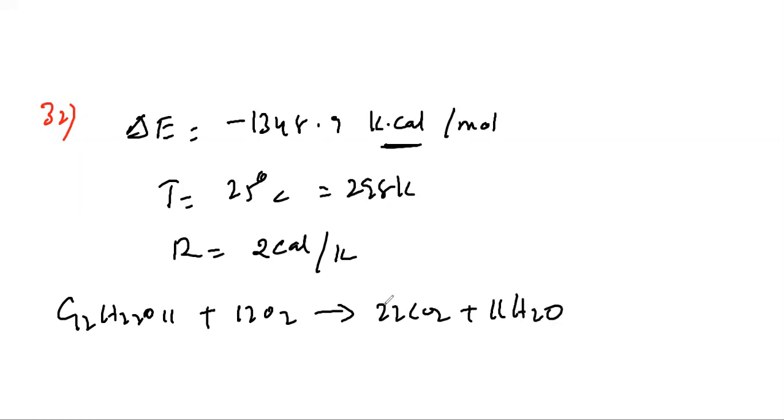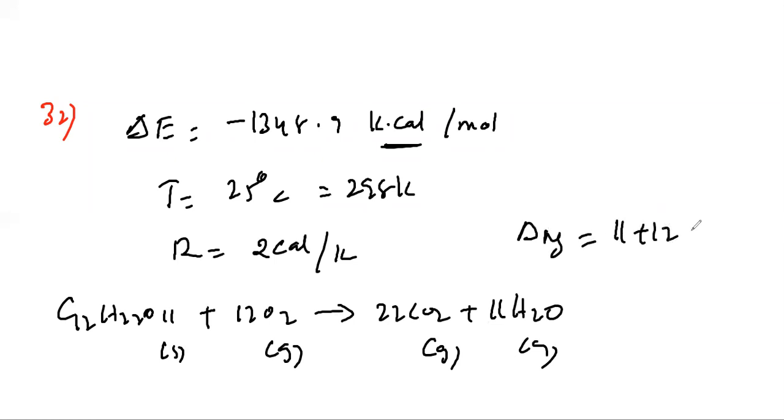So delta Ng is equals to what? This is solid, and this is gas, this is also gas. So delta Ng is equals to 11 plus 12 minus 12.